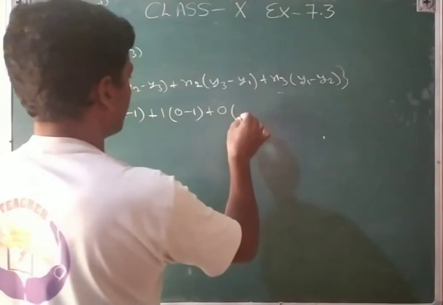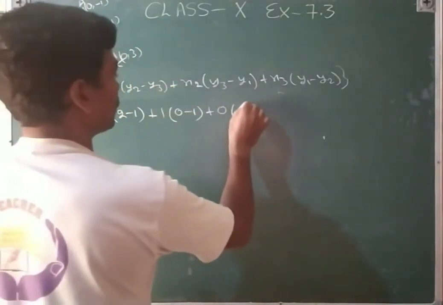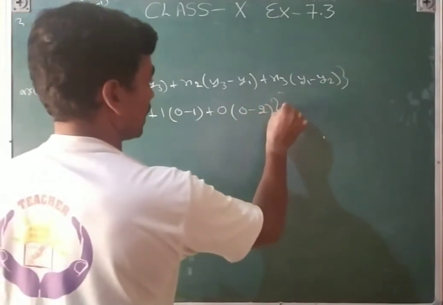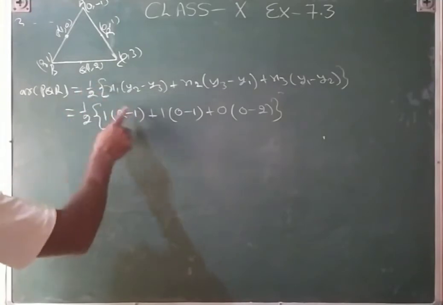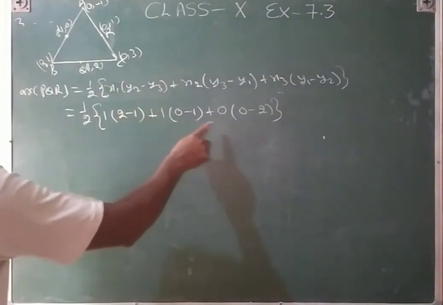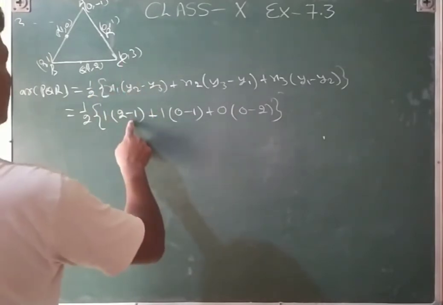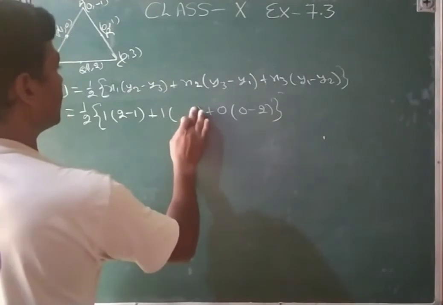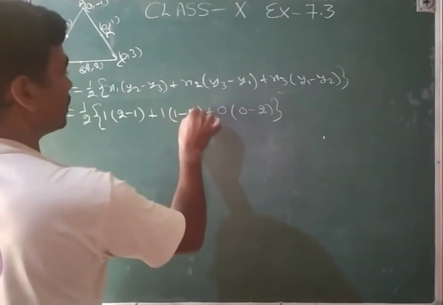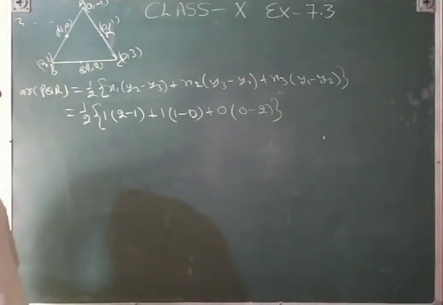After that we will check y1, y2: 0 minus 2. Now we will check that x1 is 1, x2 is 1, x3 is 0. Now 2 minus 1 and then 1 minus 0, and then 0 minus 2.